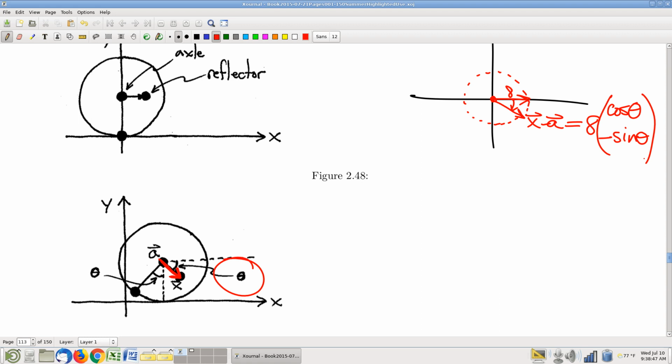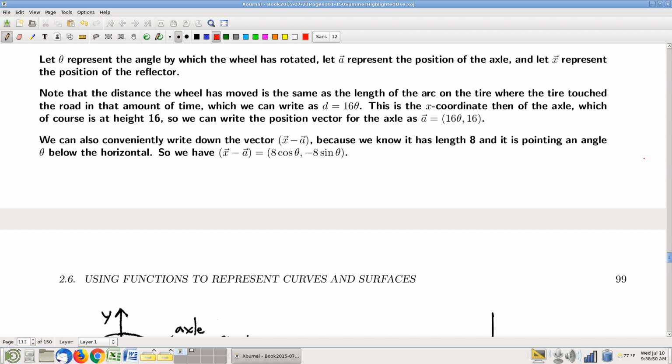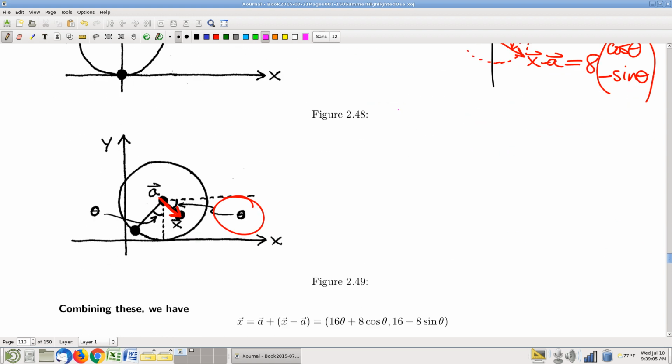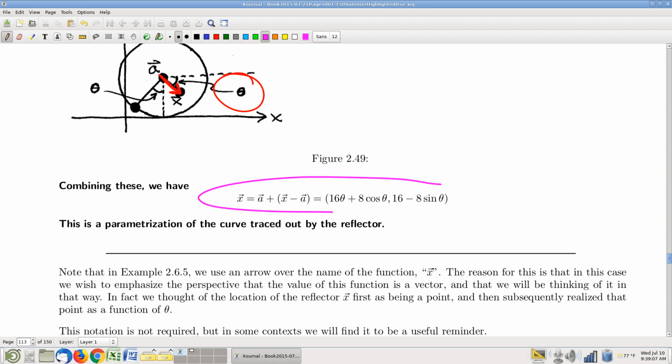All right, so it's all over but the shouting at this point. We have x minus A, we have A, and therefore the position of the reflector x is just the sum of these two, which we have written down right there.